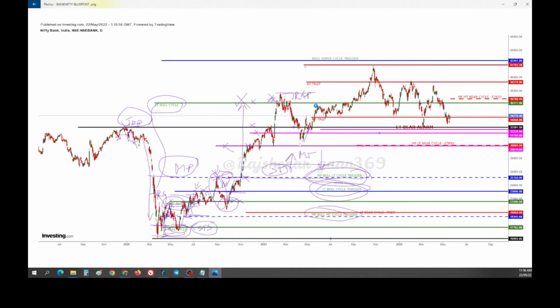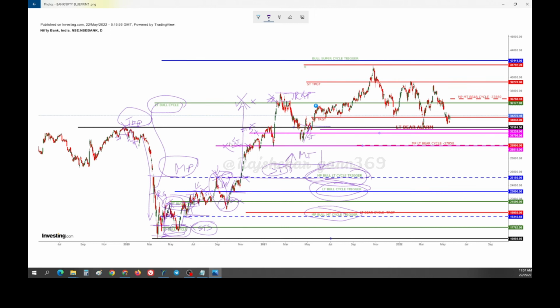First it should trigger a short term bullish cycle, a reversal, and after that there will be a correction. Unless we cross that short term reversal, it will not trigger the medium term bull cycle again inside any kind of long-term bull cycle. Now in this case, what happened: these pink lines were the same levels, just like the short-term bear cycle and medium-term bear cycle.